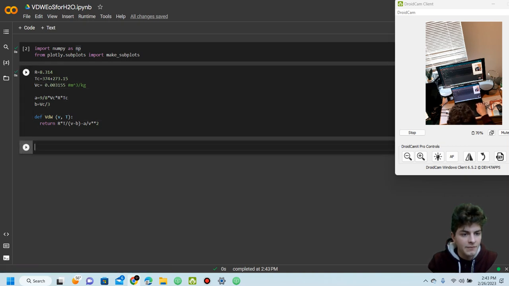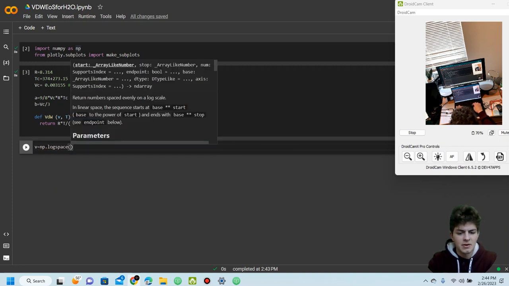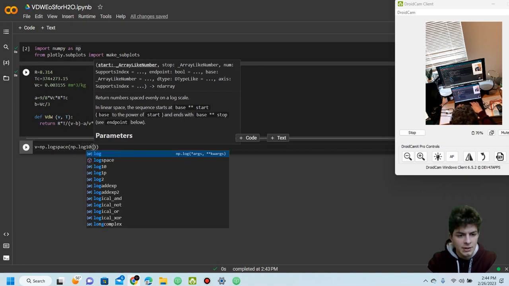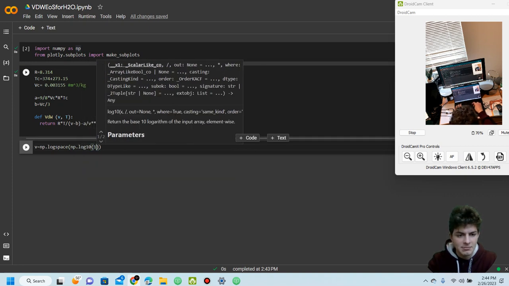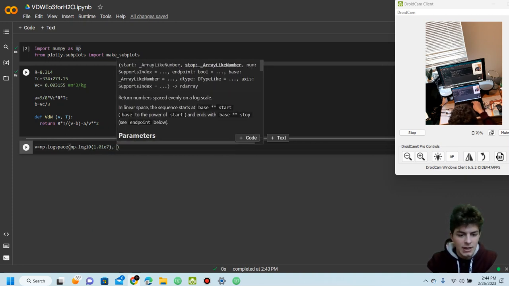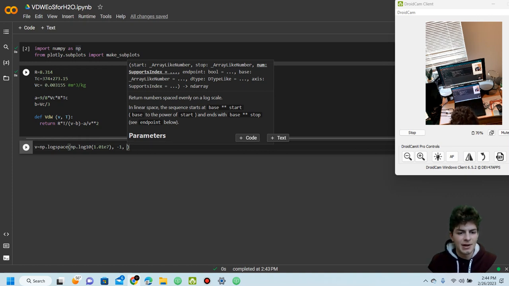Now, have we defined everything? I believe we have. Let's run that cell. Perfect. Now, we need some sort of volume range to generate our PV diagrams here. I'm just going to do some sort of log space, let's say from log 10 of some extremely small number to a negative number there.